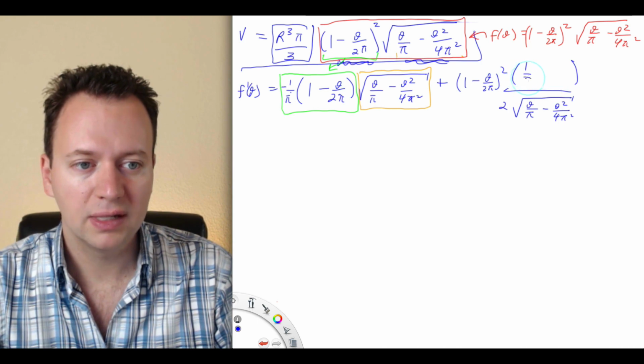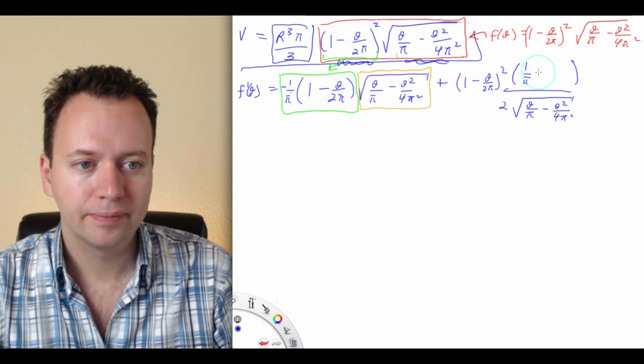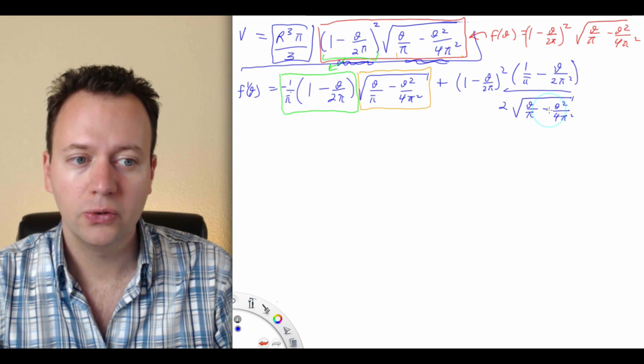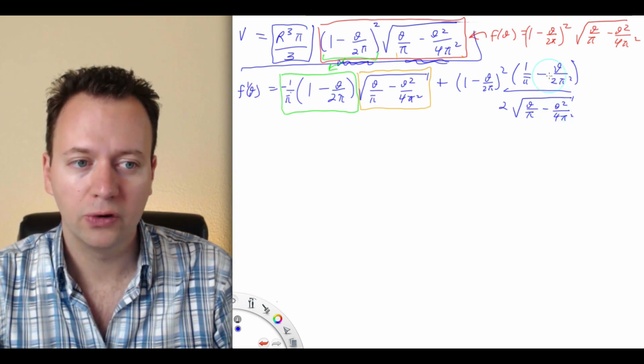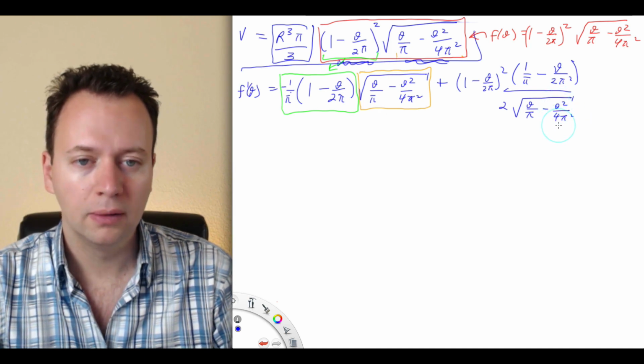So the derivative of the inside is 1 over pi minus theta over 2 pi squared. Because the 2 comes down when we take the derivative of theta squared, we get 2 theta. 2 over 4 is 1 over 2, so we get theta over 2 pi squared.